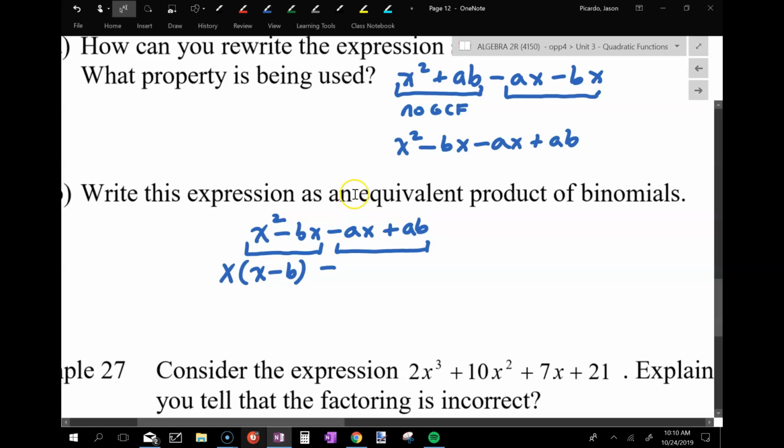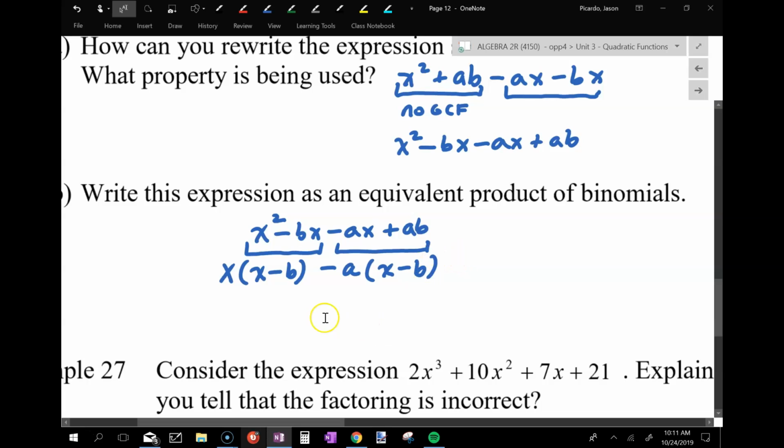What can I take out of both of these 2 terms? An a, right? Well, not an a, but a negative a. How many times does negative a go into negative ax? X times, good. And how many times does negative a go into positive ab? Negative b times.